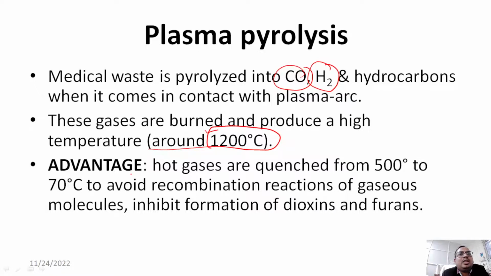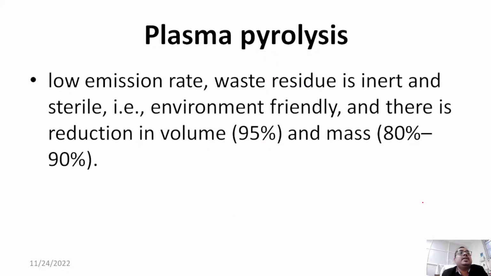But here the difference is that these hot gases are quenched rapidly from 500 degrees centigrade to 70 degrees centigrade, which avoids the recombination of gas molecules, and thus it inhibits the formation of dioxins and furans, which are potentially toxic.